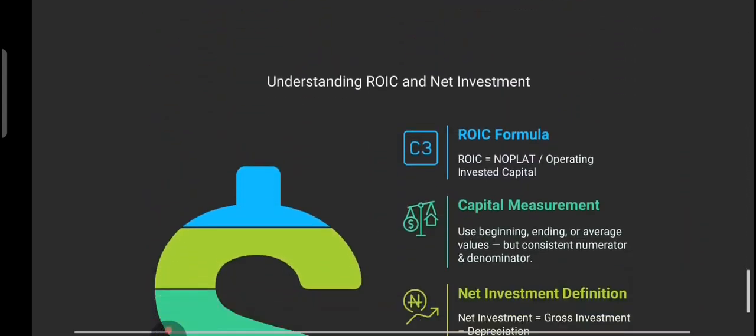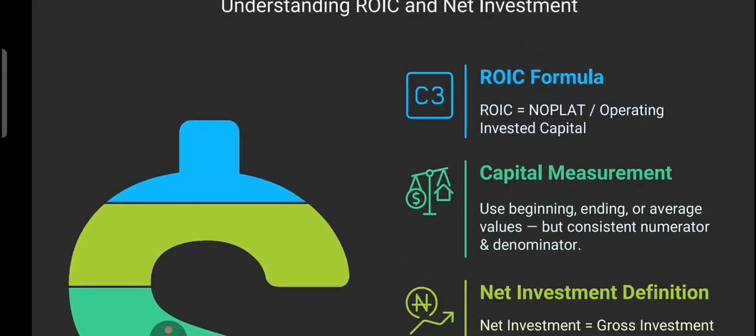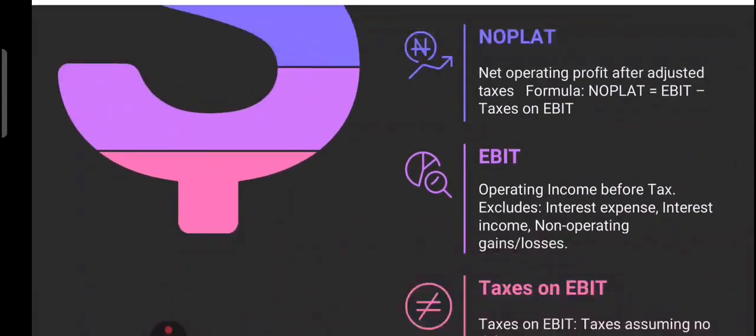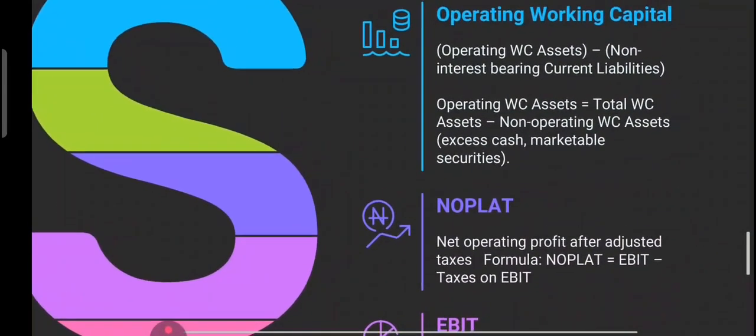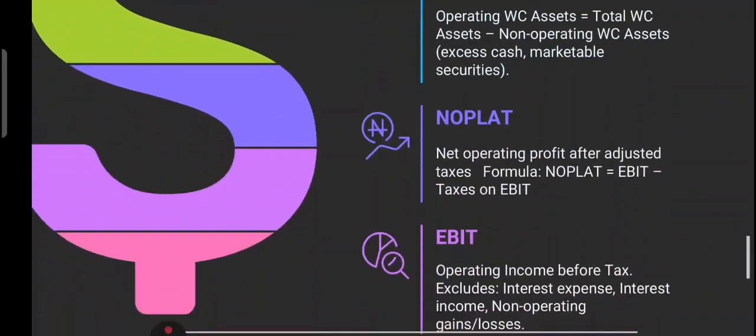Now one more important parameter is ROIC, right? So what is ROIC? At the heart, ROIC stands for return on invested capital. The formula is NOPLAT upon operating invested capital. NOPLAT, I told you, is EBIT minus tax on EBIT, and operating invested capital is operating assets plus operating working capital, right?